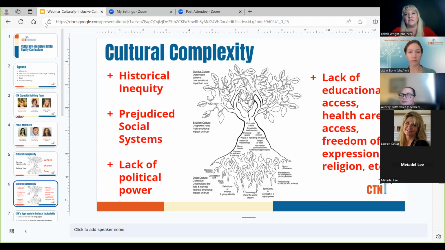So as we develop our programmatic initiatives, as we do outreach for our programs, and particularly as we develop our programs, what are some of the ways that we can practically incorporate respect and sensitivity and an awareness of the cultures that we work with in a way that's really effective for what we're wanting them to learn as far as digital navigation and digital skills?